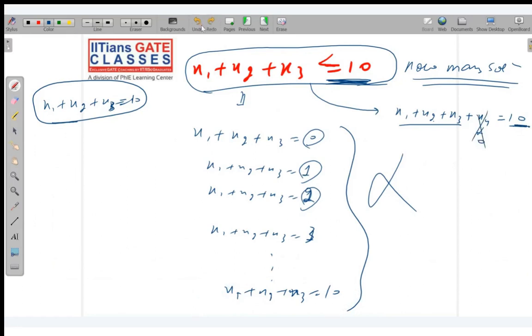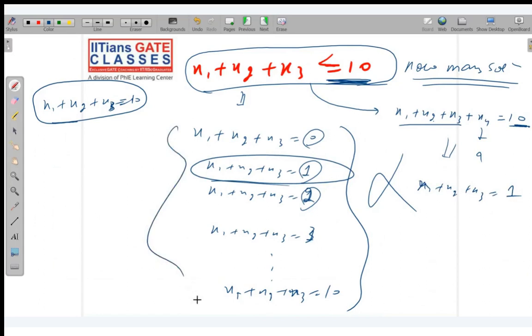And if x4 is 9, you simply replace x4 by 9. So what I will get? x1 plus x2 plus x3 is equal to 1. So all the 11 cases are covered by adding only one variable, that is x4.